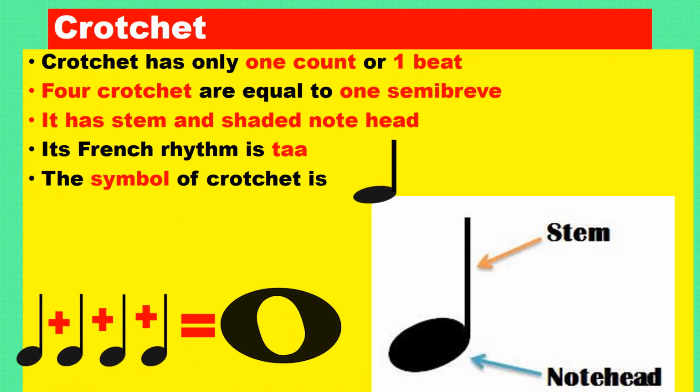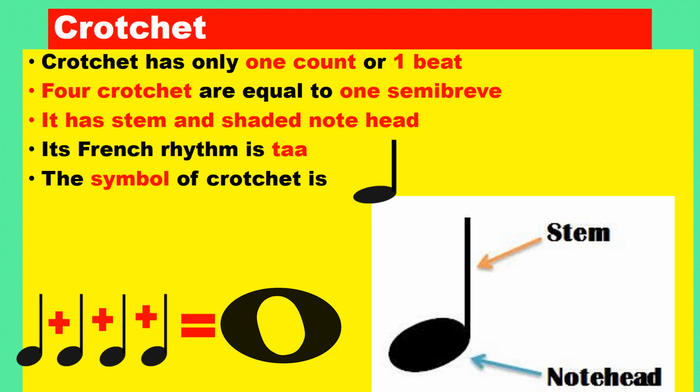Crotchet. Crotchet has only 1 count or 1 beat. 4 crotchets are equal to 1 semi-breve. It has a stem and a shaded note head. Its French rhythm is just ta.